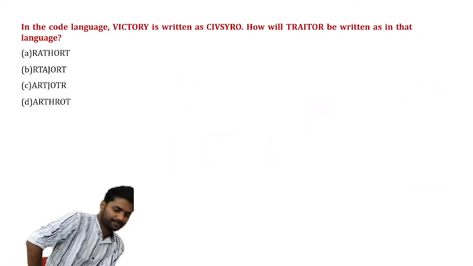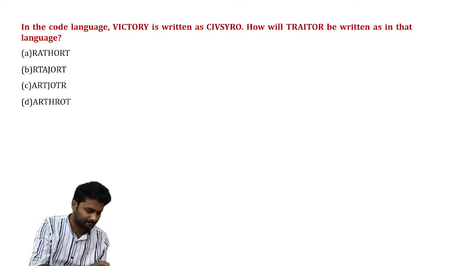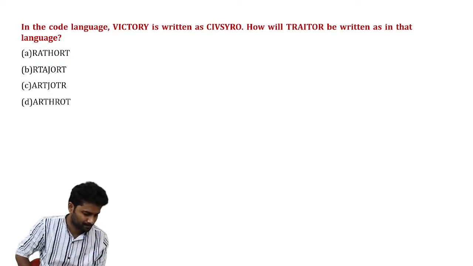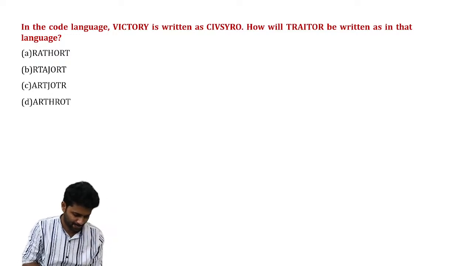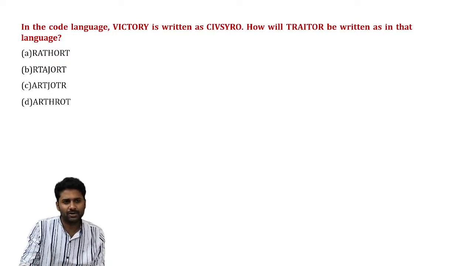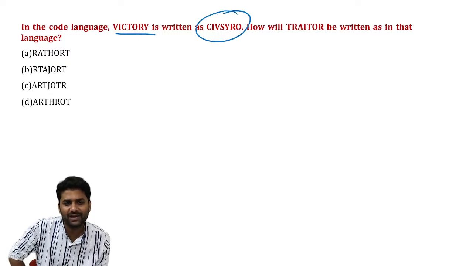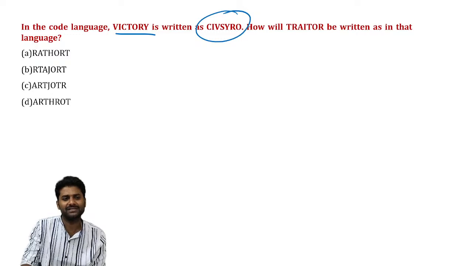Next. Now, see, in a code language, VICTORY is written as CIVSYRO. Then TRAITOR is written in that language?